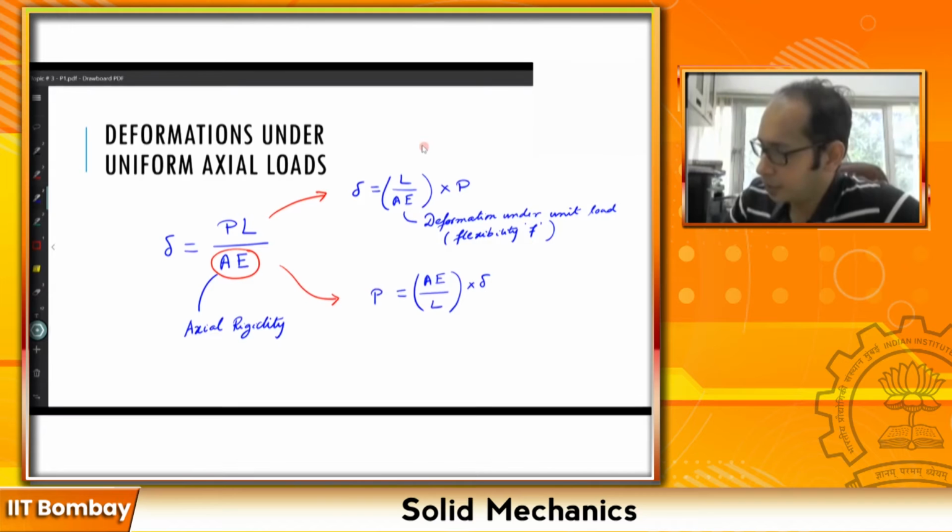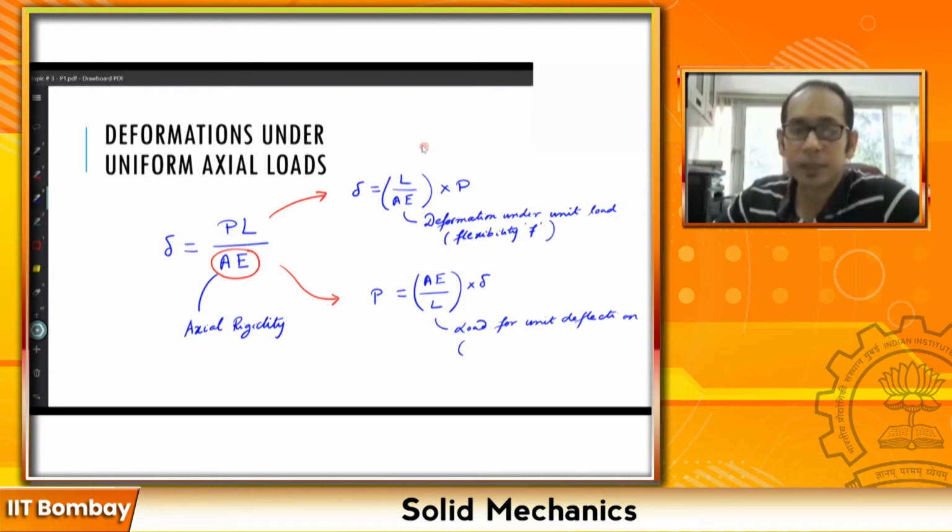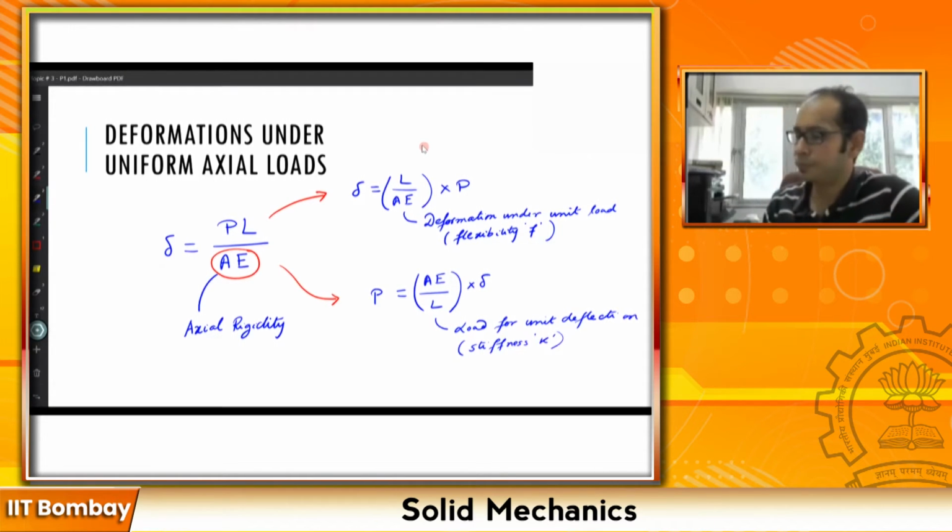So if I have to write it, this is the load for unit deflection, and this is known as stiffness, K. Right.